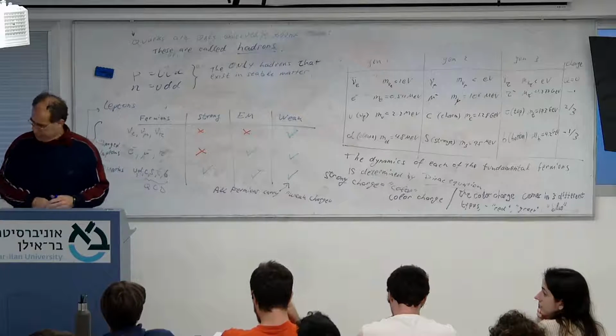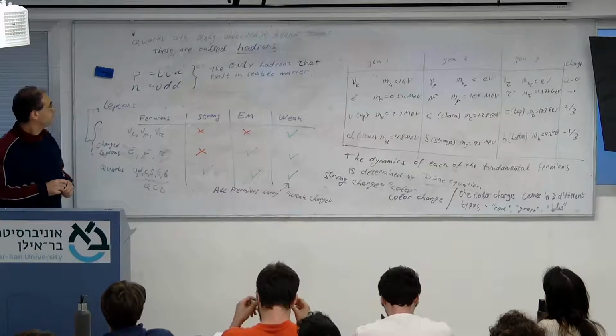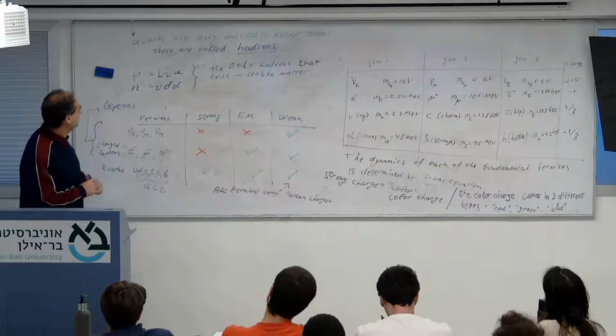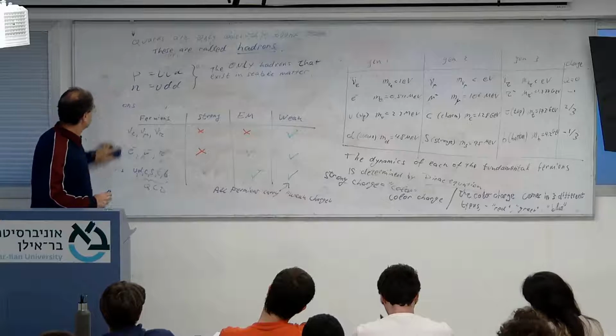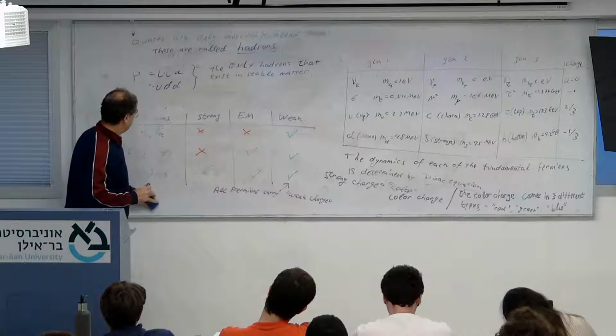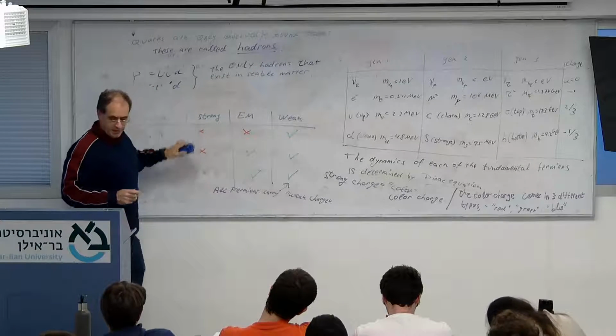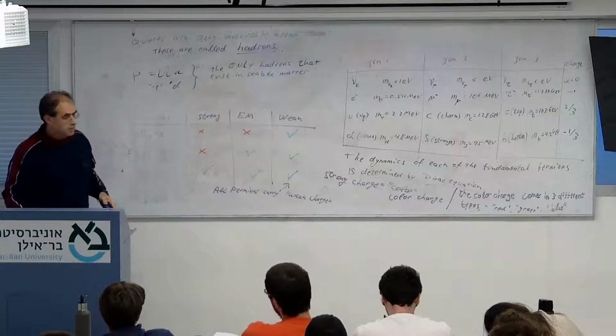Good. Okay. So the next thing we go to is the forces. I mean, we said these are the 12 particles that are the basic ingredients of matter, as we understand it, neglecting the matter we don't understand, such as dark matter or things like that.